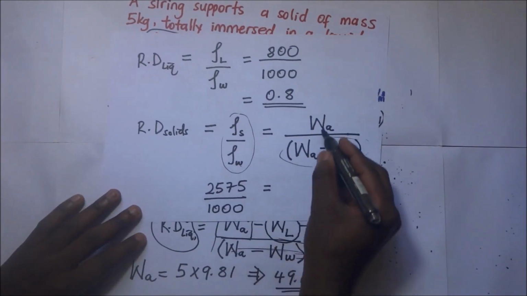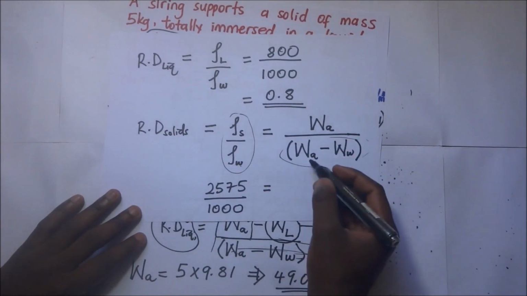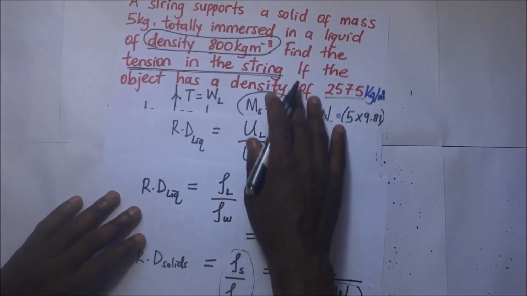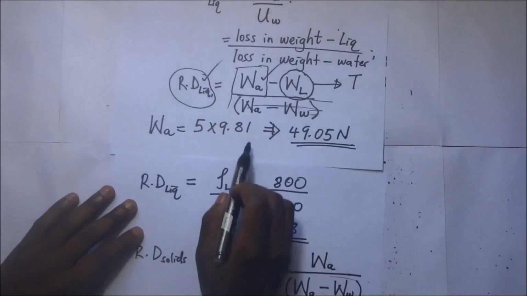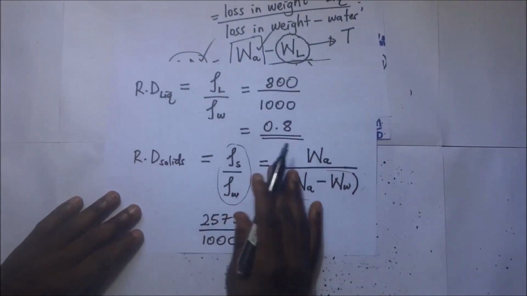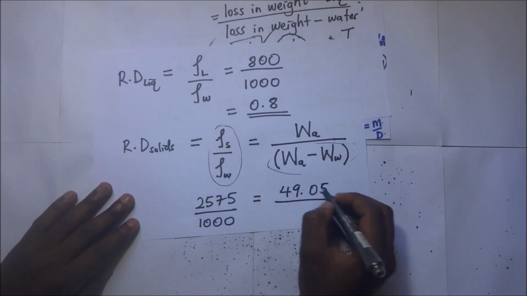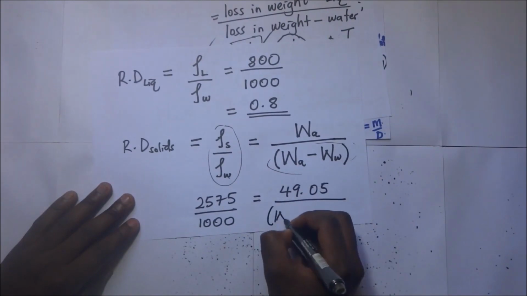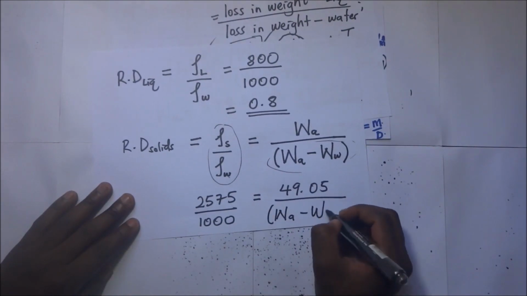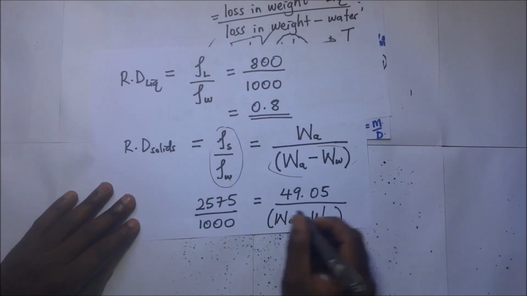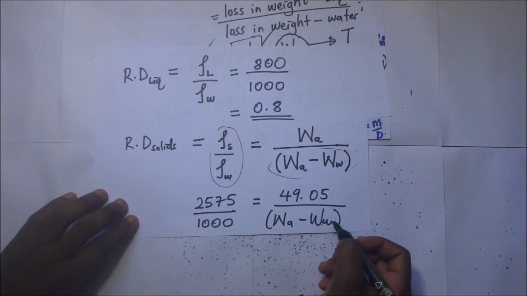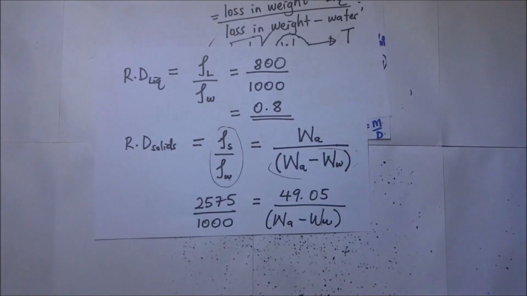This is equal to its weight in air, which we got as 49.05, divided by WA minus WW, the apparent loss in weight when it is dipped in water. This is what we want.